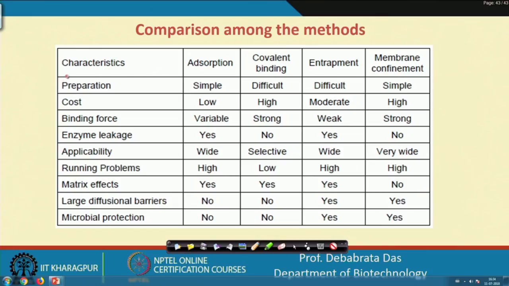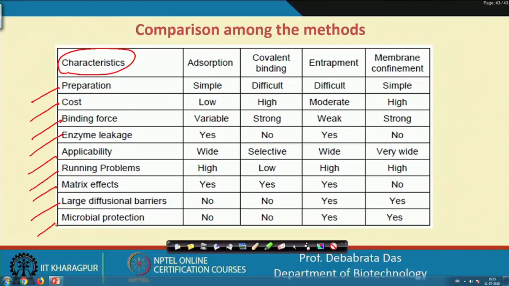So we have to find out what we are actually looking for in a particular enzyme. Let me give certain examples. Here are the characteristics: preparation, cost, binding force, enzyme leakage, applicability, running problem, matrix effect, large diffusion barrier, and microbial protection. Now the question comes, what are we looking for?